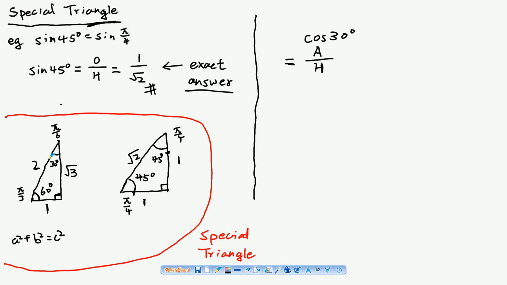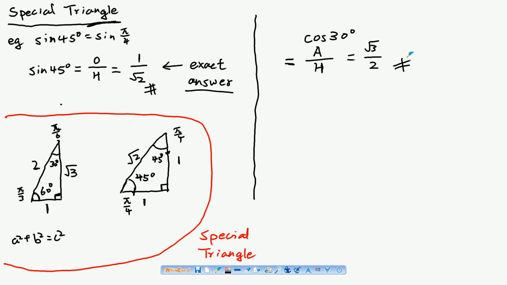The adjacent line of the 30-degree angle is this one here, the square root of 3, and your hypotenuse is the longest line, which is 2. This is your answer: cos 30 degrees is square root of 3 divided by 2.